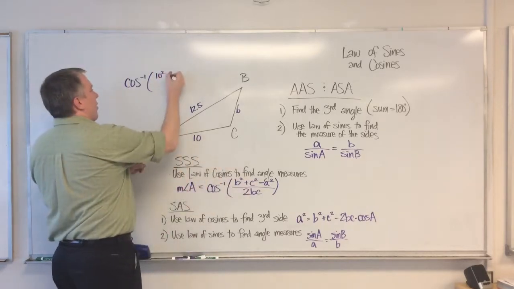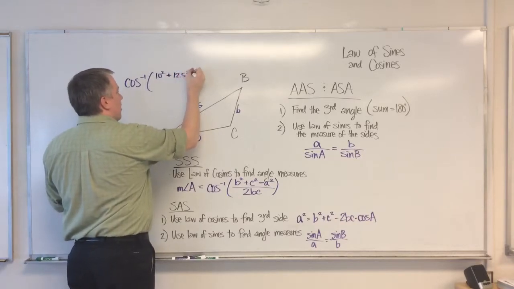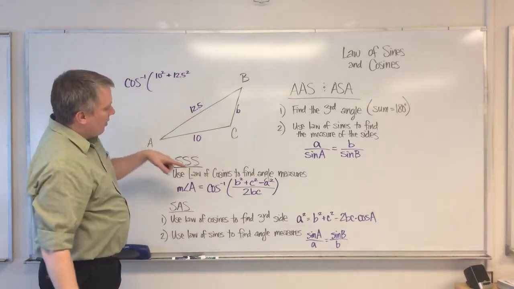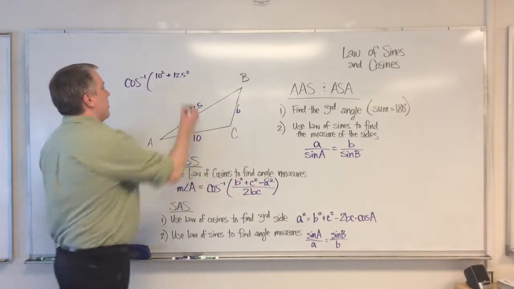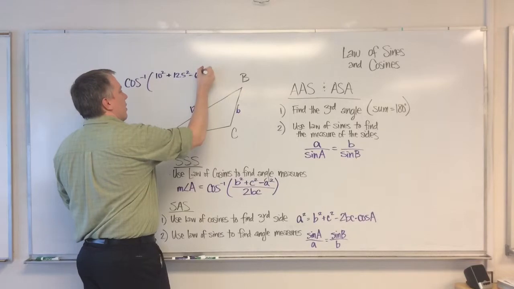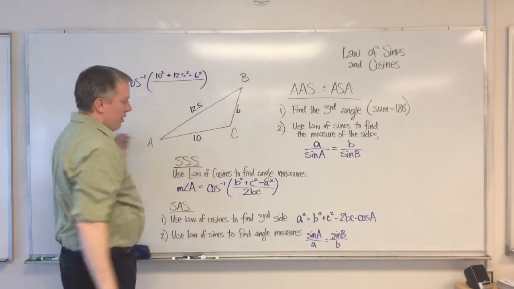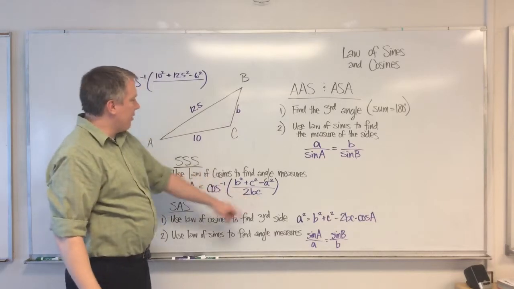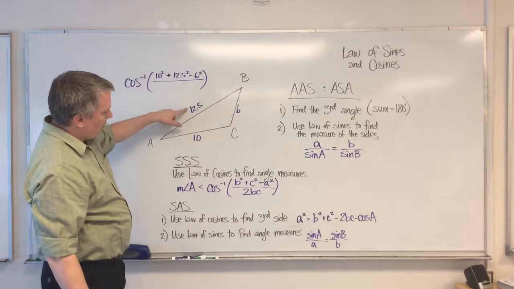C would be 12.5 squared, and then minus a squared. A is 6. All right, divided by 2 times b times c. So b was 10, c was 12.5.